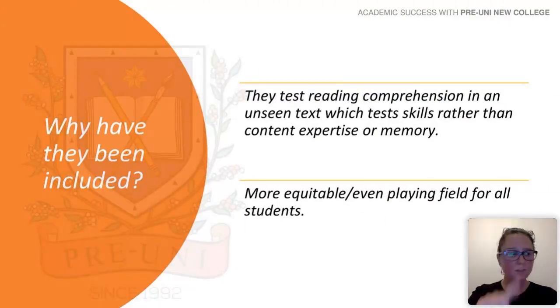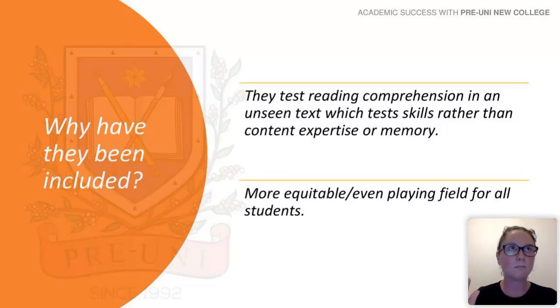Again, it's really the same reasons why multiple matching has been included. The Department of Education wanted this part of the test as well to be more equitable. Again, they want to test thinking and reasoning skills and not memory and recall. Also, they're looking for gifted and talented students, or students who are highly capable.